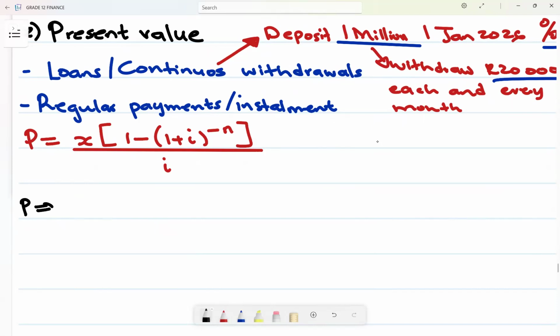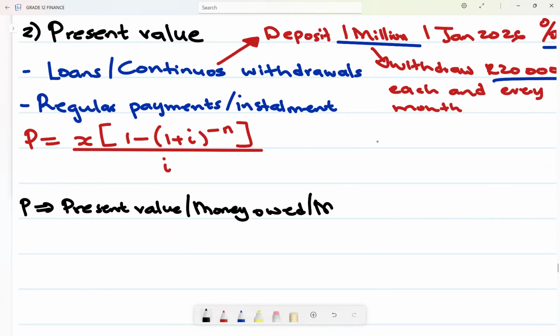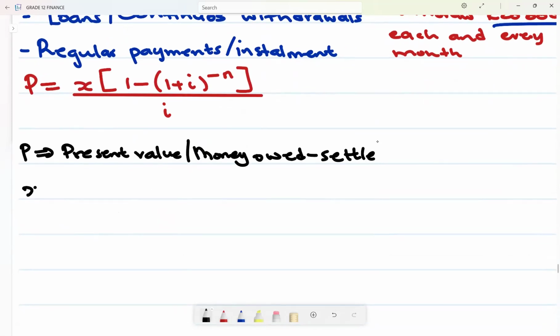P is the present value, which is money owed, or money to settle. X is the regular payments, or in this case, I can say regular installments.